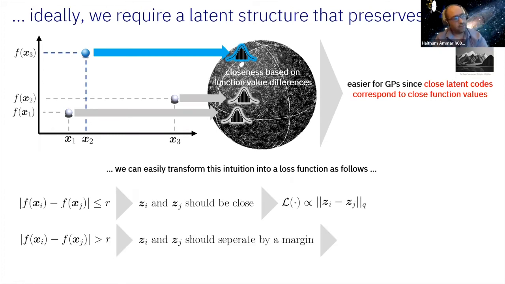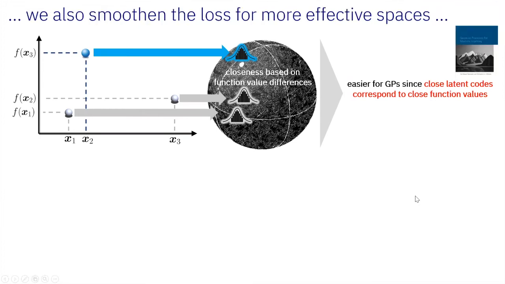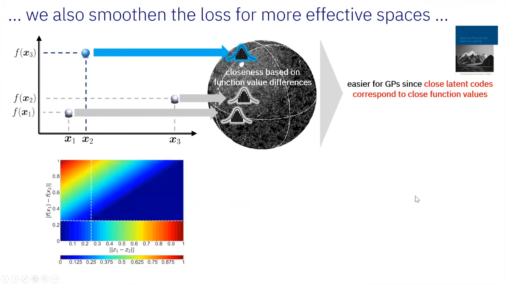And vice versa. In the case where my function values are far, what I need is that the z values should be separated by some margin. And therefore we can define this type of loss, which will only get activated if the z values are close, because the norm will be small. If that's the case, then you will get a positive loss here, and that will discourage that behavior. So yeah, go on.